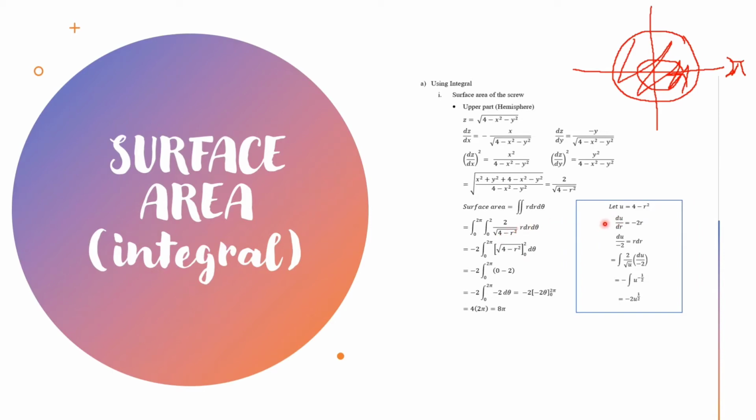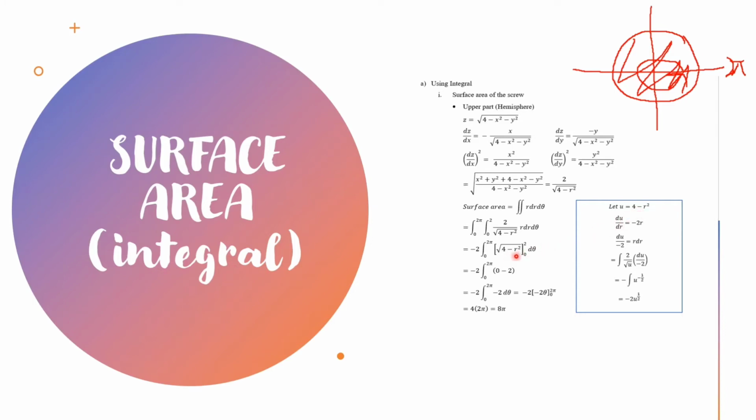And then we integrate by substitution. So I let u equal 4 minus r squared, and then differentiate in terms of r, get minus 2r, and we arrange it to equal this equation. And then we got negative 2u to the power of 1 over 2. And then we go back to here and substitute back u equals 4 minus r squared into this equation.